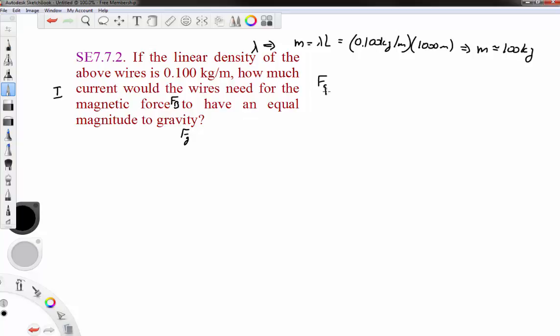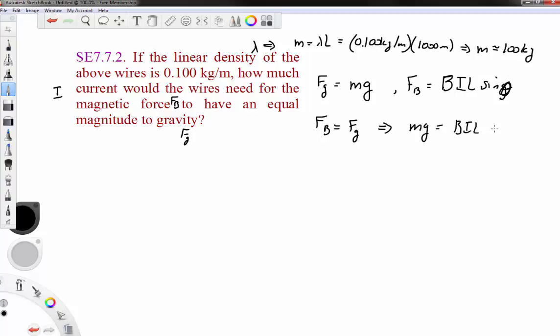Now recall that gravity, or weight, is the mass of the object times gravitational acceleration, and we want FB equals FG. So since FB here is BIL sine theta, what we can write is mg equals BIL sine theta.